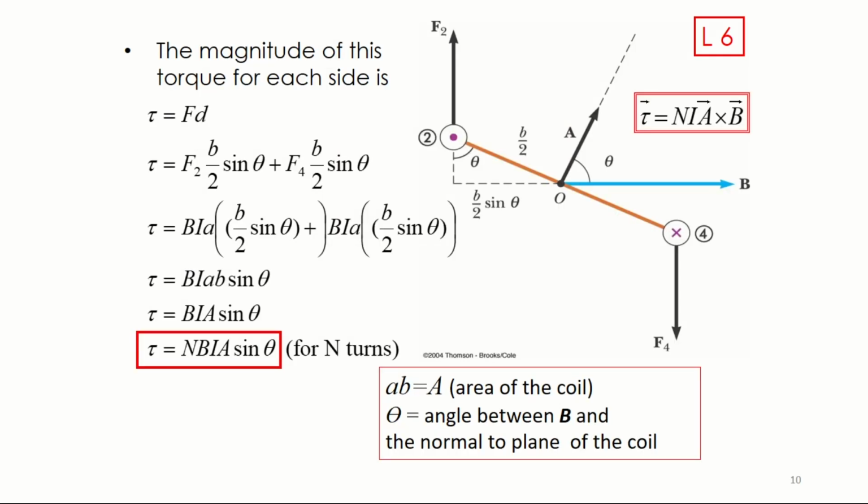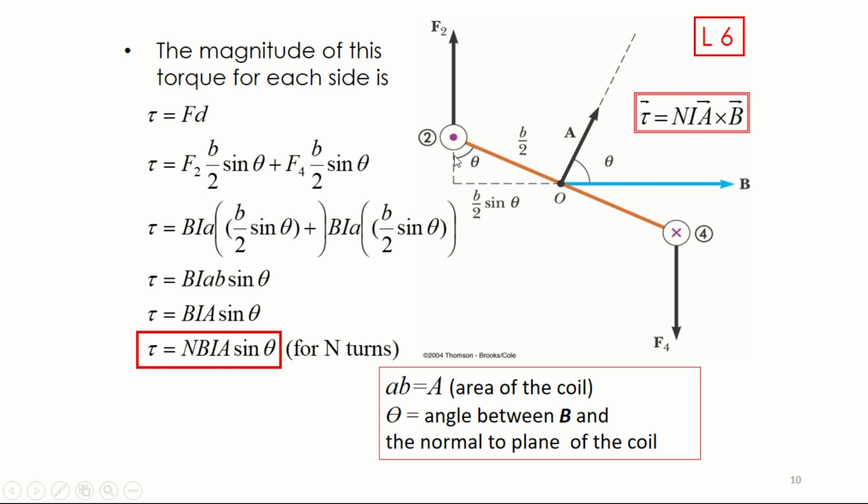So how to determine the magnitude of this torque? The magnitude of the torque for each side is torque equals Fd. Refer to this diagram. Here is F2 and here is the axis of rotation, point O, so here is R. Torque equals R cross F, where the angle is between R and F. Here is the action line for F2, and here is angle theta.